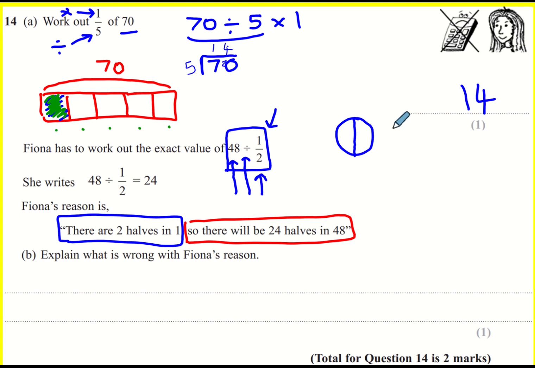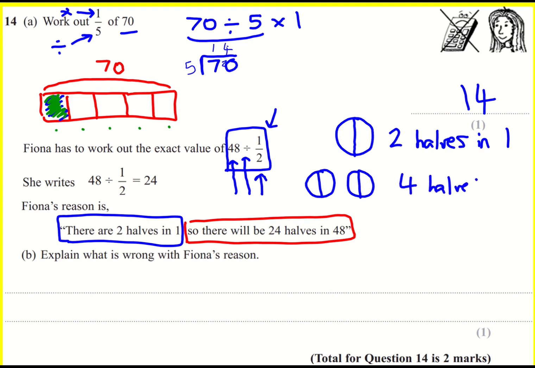So there are 2 halves in 1. There are 4 halves in 2. You can see where this is going. There are 6 halves in 3, and so on.